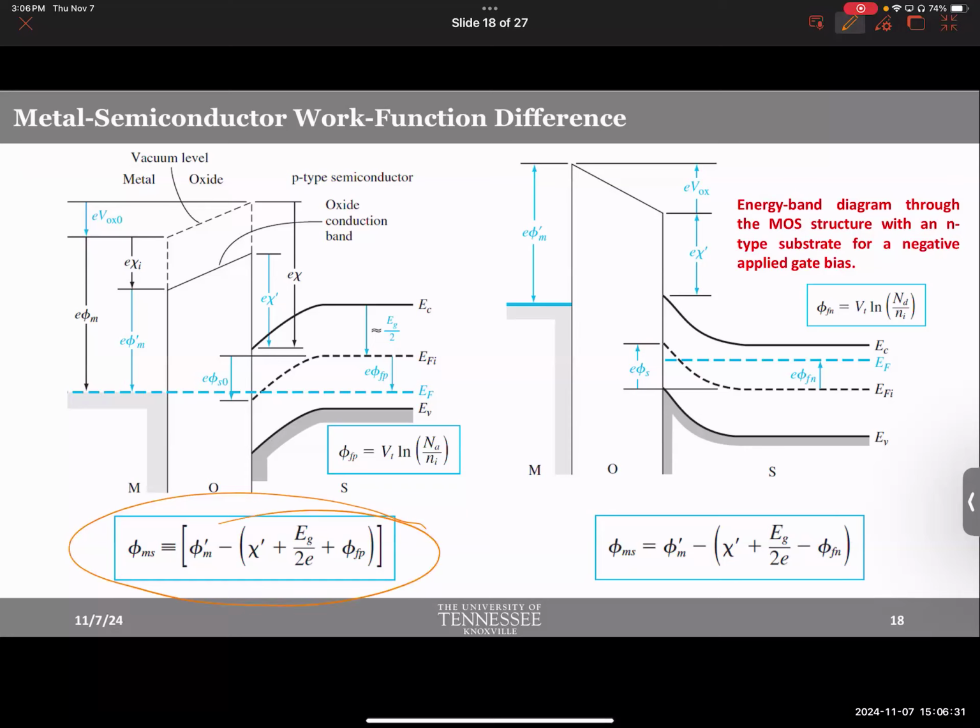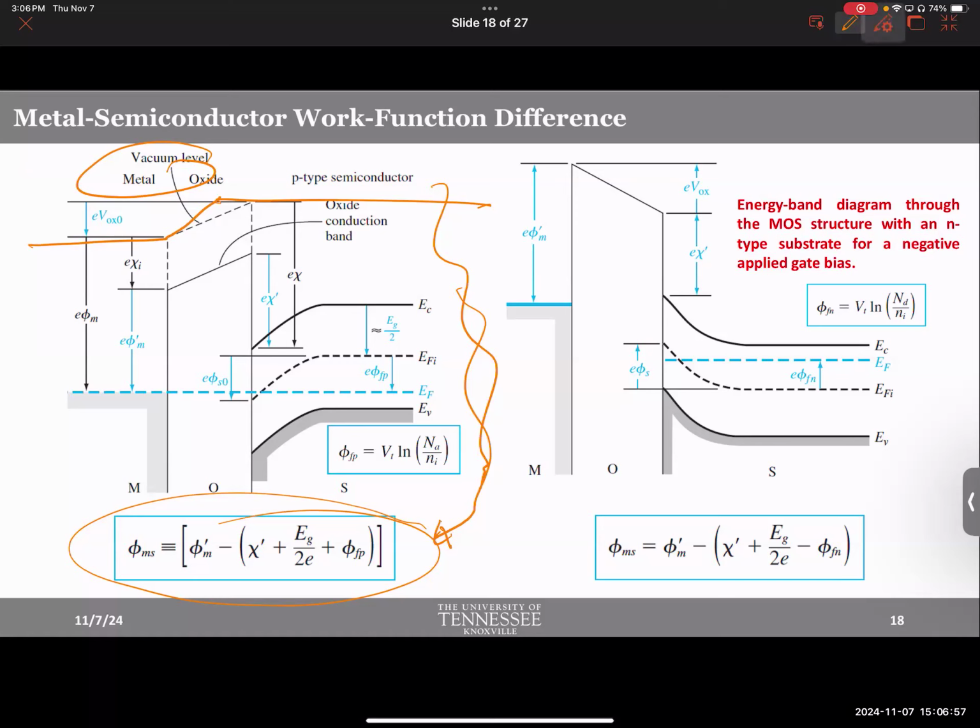Remember, this slide is in the textbook to first of all scare you and then eventually derive this equation the hard way, using a vacuum level that is not uniform, like a folded vacuum level instead of a uniform vacuum level. But it is much easier to derive the same equation pre-contact using a uniform vacuum level, and that's what we did in the class.